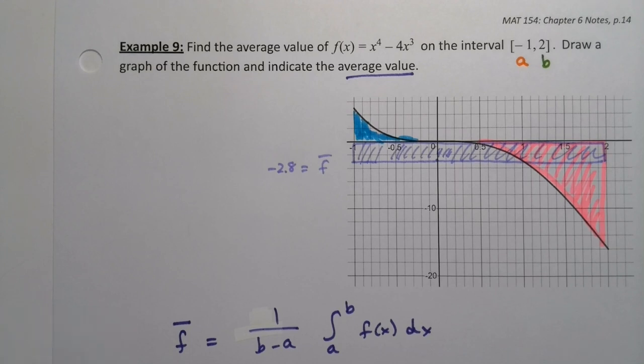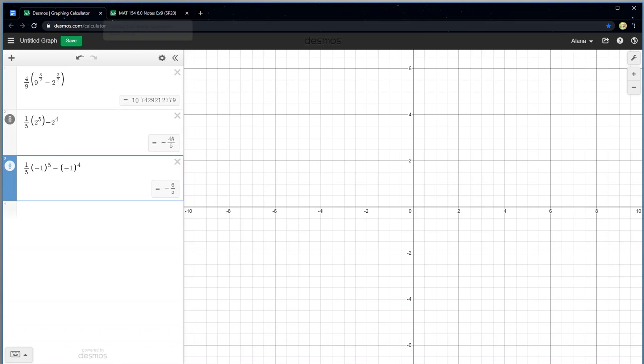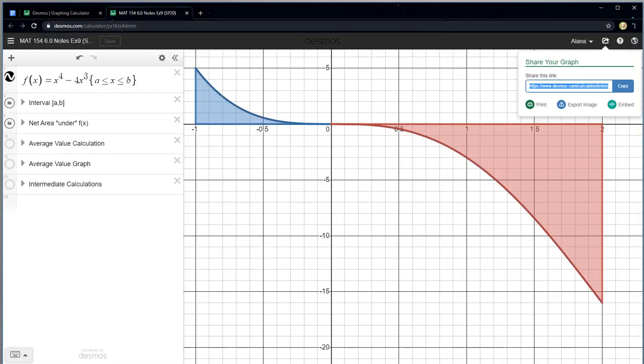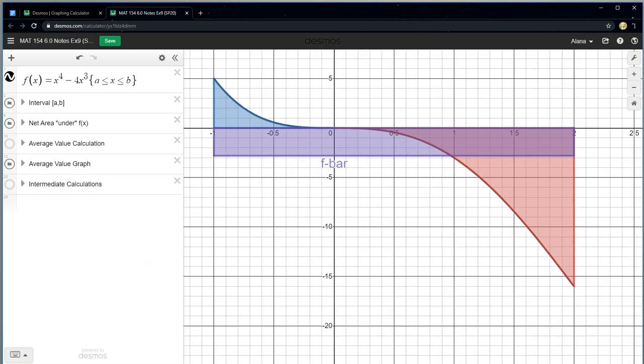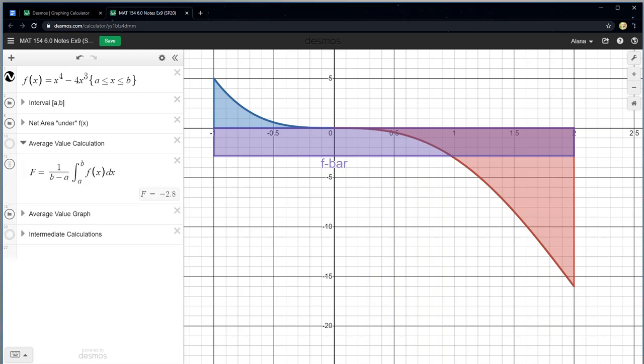Let me show it to you in Desmos as well, because I've already got it drawn here. You can see there's the blue piece, there's the pink piece, and then if I look at the average value graph, there's F bar. The value of that purple is equivalent to the net area of the integral divided by b minus a. And of course, if I wanted to look at the calculations, I could find it. You can even type it.